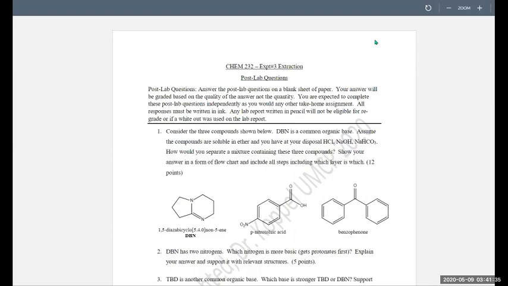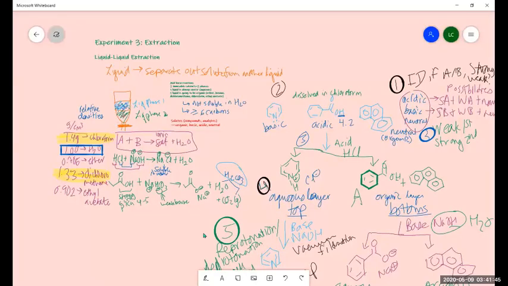And then in the procedure, you did have a sodium sulfate drying step for the neutral fraction. I'm going to talk a little bit about that. It's probably not going to be tested, so don't worry about it too much.